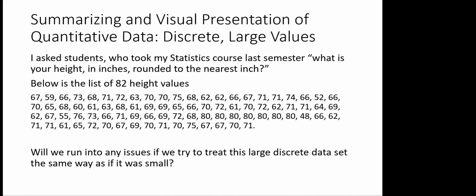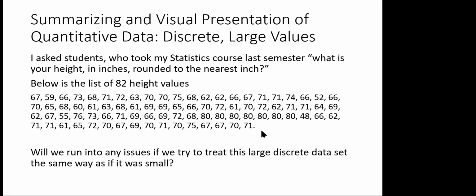So here's our next data set, and this is discrete values, but large values. I asked students, what is your height in inches rounded to the nearest inch? And I have 82 results below. Now, this is a large data set. How is it large?